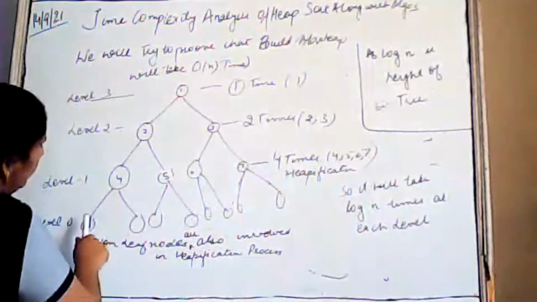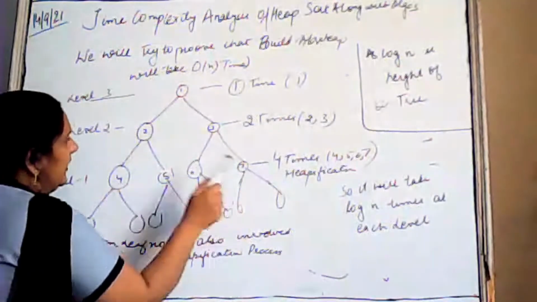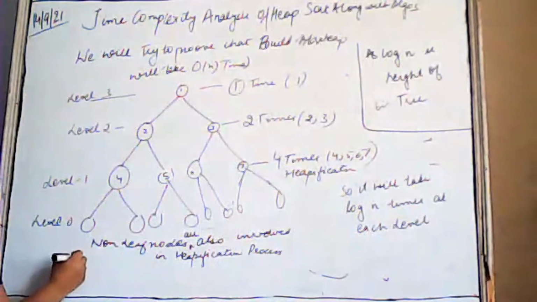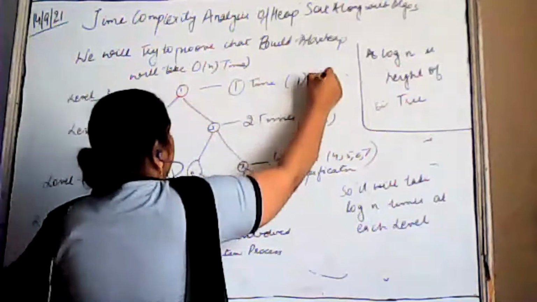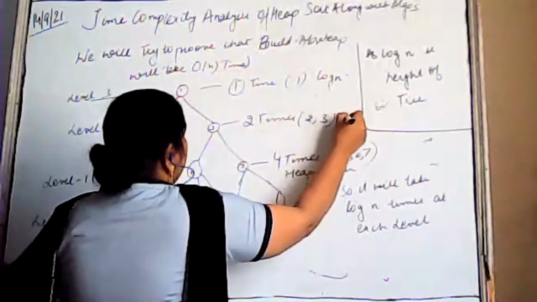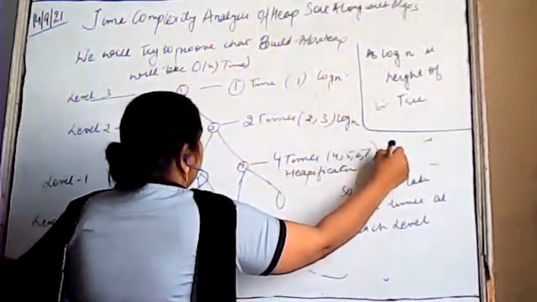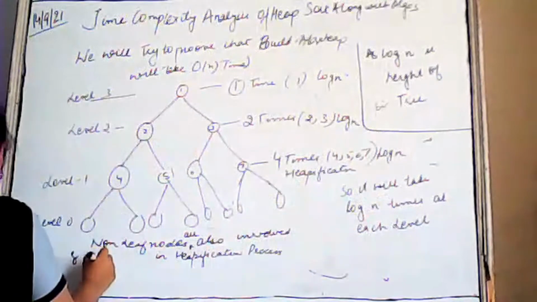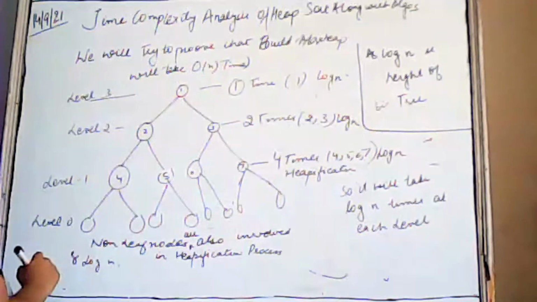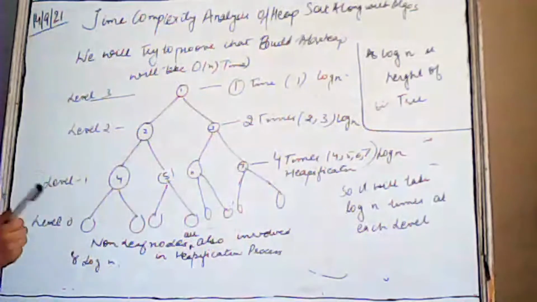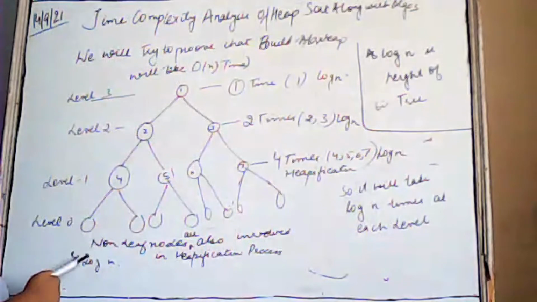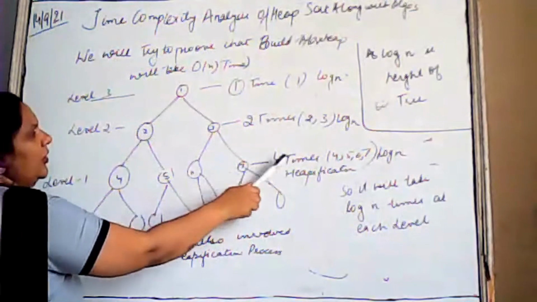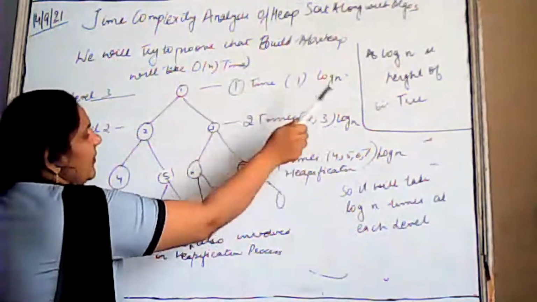So how many nodes are there? 1, 2, 3, 4, 5, 6, 7, 8. So this becomes 8 leaf nodes. So this is your 1 log n time. This is your 2 log n time. This is your 4 log n time. This is your 8 log n time. Fine. Because the heapification process for a tree will take log n time. Therefore, this process will take 8 log n time, 4 log n time, 2 log n time, and 1 log n time.